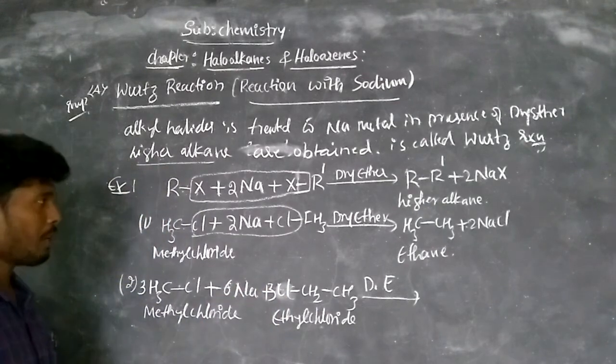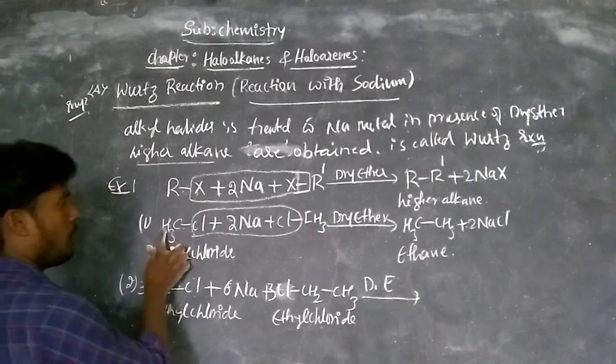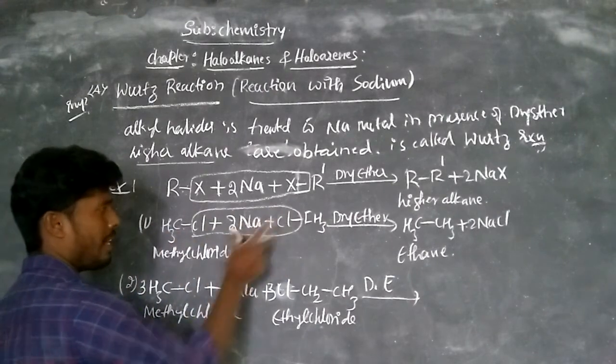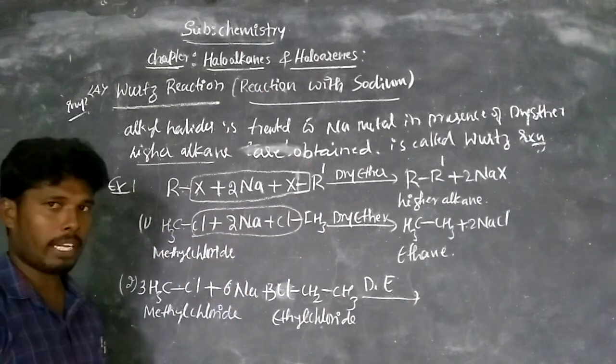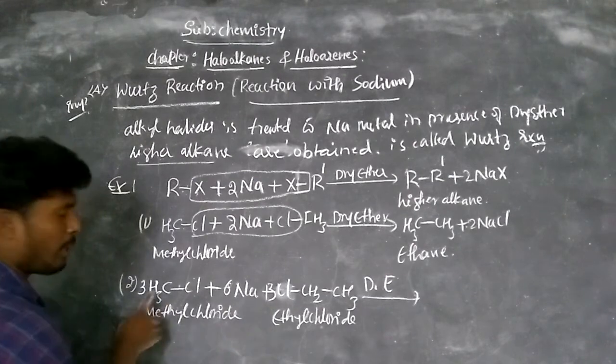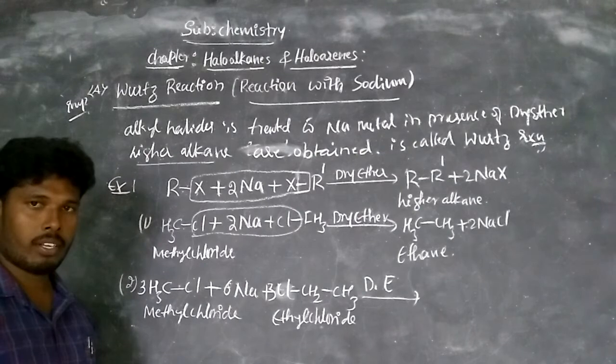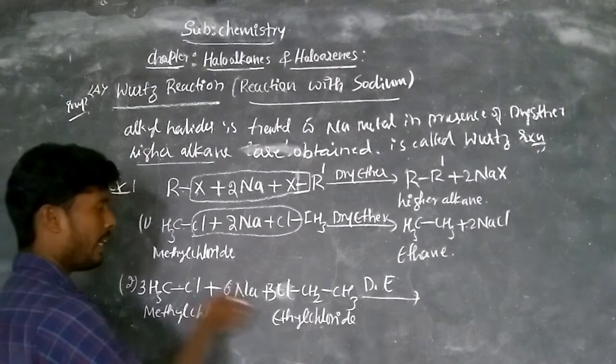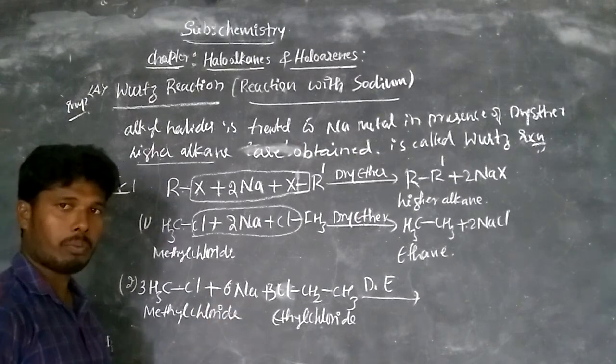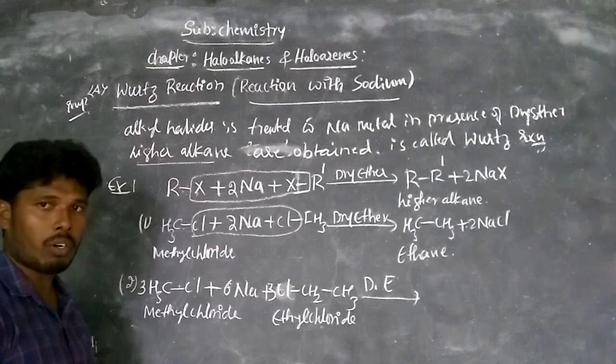equivalents. Because observe, to react 1 and 2 equivalents of alkyl halide, we are taking 2 equivalents of sodium. Similarly, 3 and 3 becomes 6 equivalents of alkyl halide, to react 6 equivalents of sodium it should be. So why are we taking 3 equivalents here? Why not 2 or why not 1?